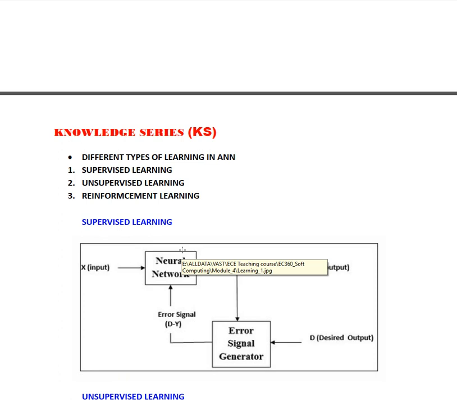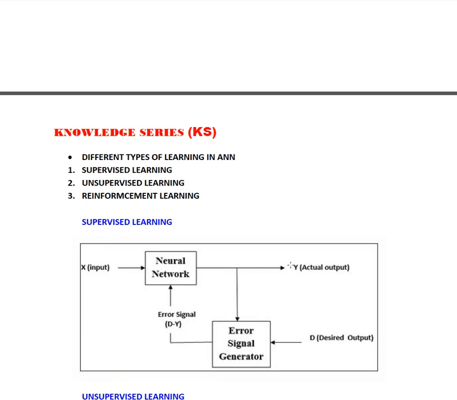Now here, in the first case, supervised learning, input is given to a neural network, and the neural network produces an output Y. Assume that this is like a teacher and this is a child who is learning. The child learns with the help of the teacher's guidelines, and is evaluated by the teacher to see whether the child has attained that particular level or not.